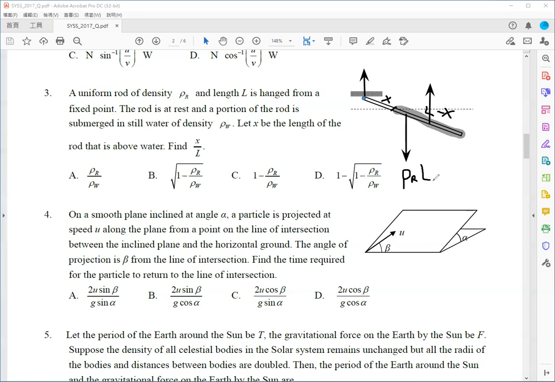The cross-section area is not given, so you may consider it to be A. The mass of the rod times g. And the magnitude of the buoyancy will be the density of water times the volume displaced, that is the volume under the water, times g.